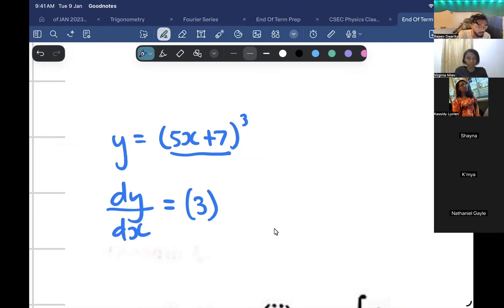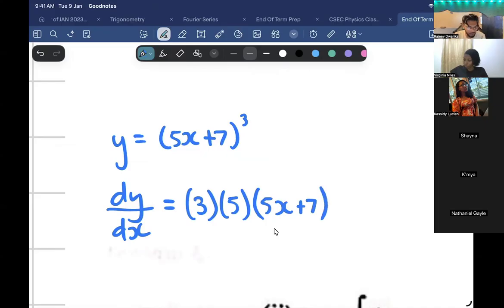If I differentiate 5x plus 7, what would I end up with? 5, correct. And all you're gonna do now, you're gonna write back what was inside the brackets, and with differentiation, what do you do with the power? Subtract 1. Right? So this would now be to the power what? 2. Good. And that's it.